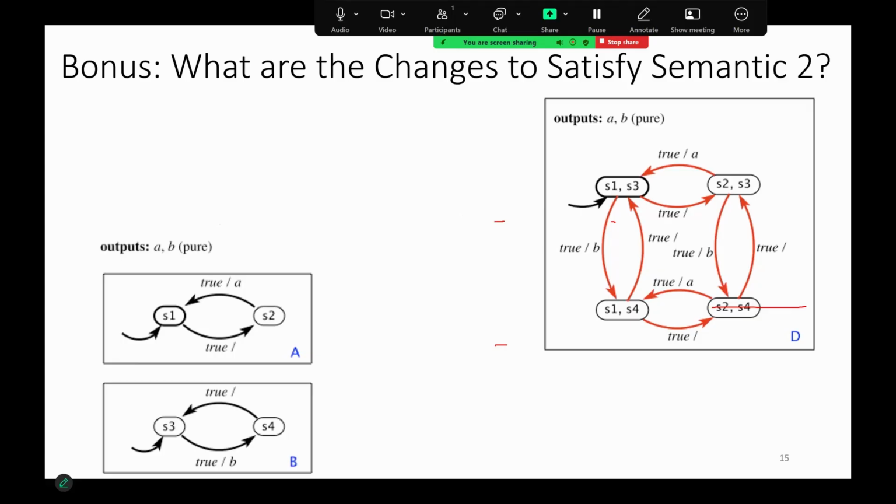And then another bonus question: what are the changes to satisfy semantic 2? You don't need to do the self loops because you are not outputting anything.